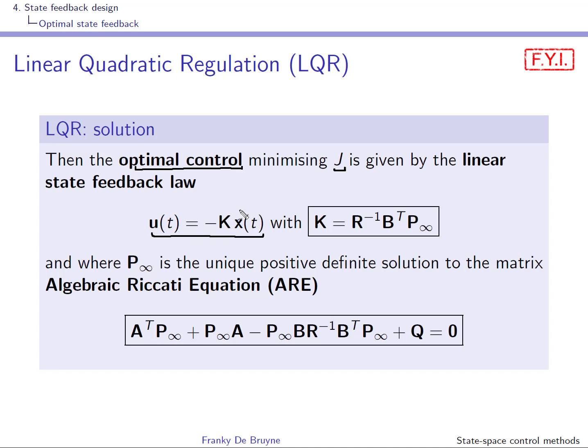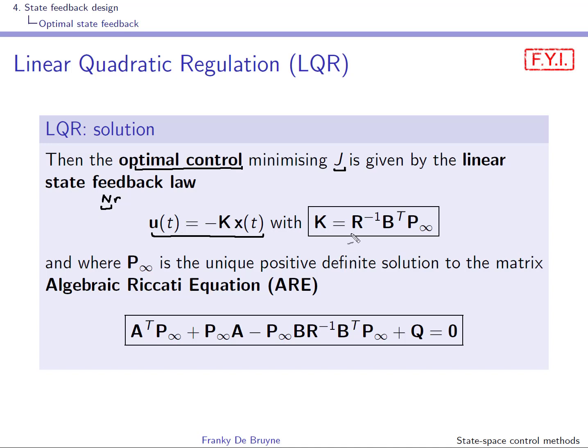So it's the same type of equation as before. You can even add a feed forward part Nr, and the N is computed as previously. So for N, it doesn't matter if K is obtained using pole placement or optimal control.